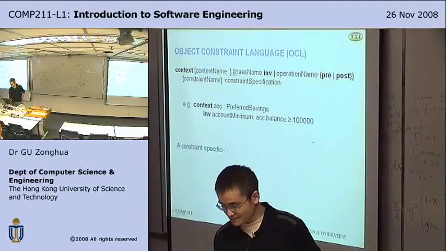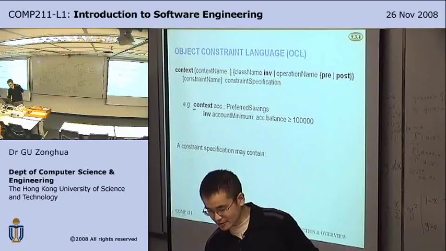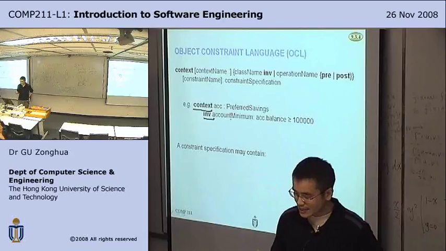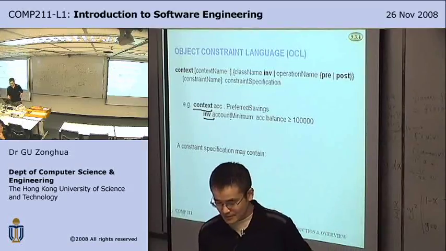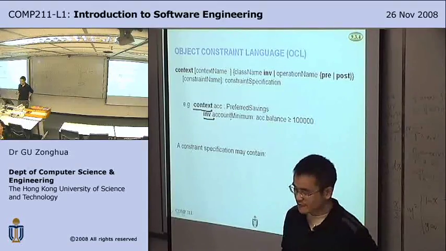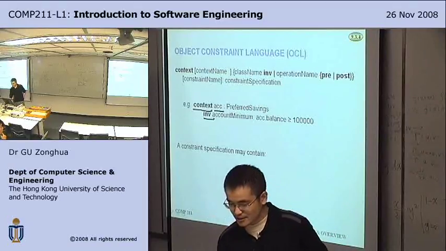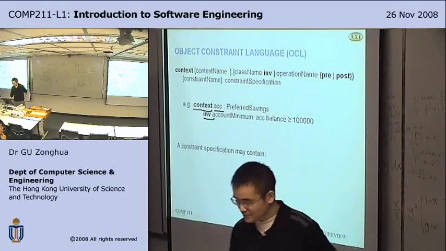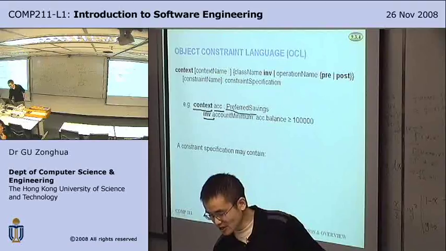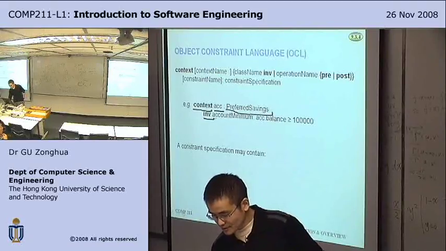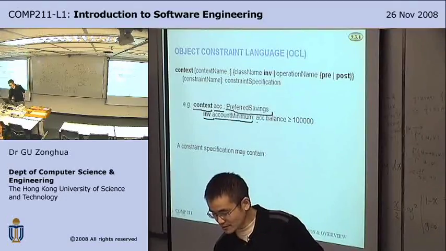So OCL has context and invariant. Context is where you start from. Say acc is the object name, colon, PreferredSavings is the class name, and invariant says account minimum colon.